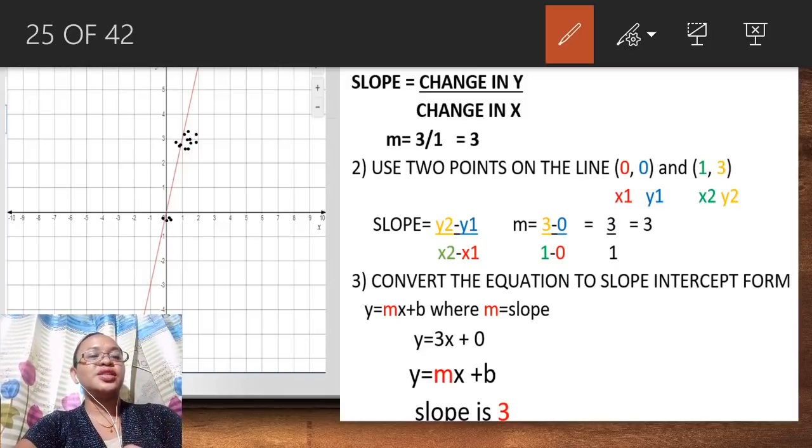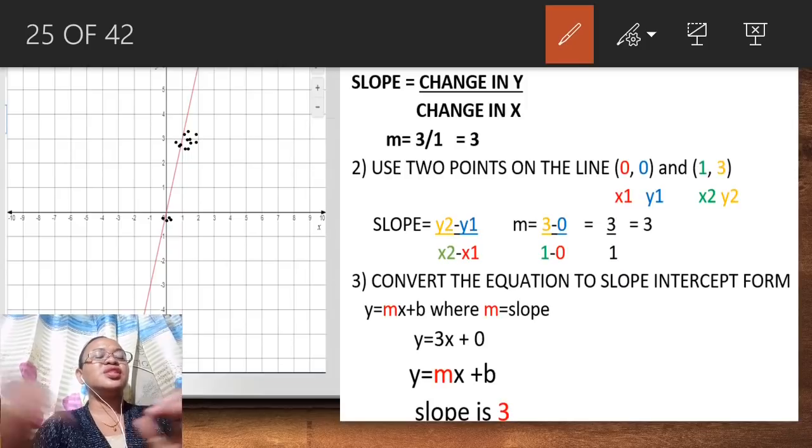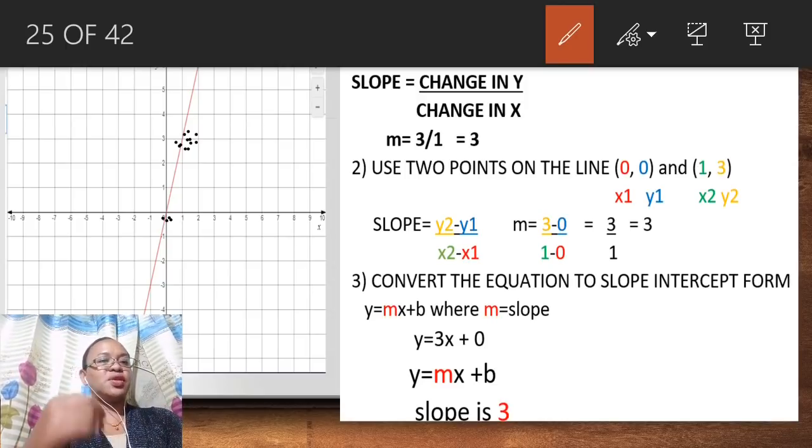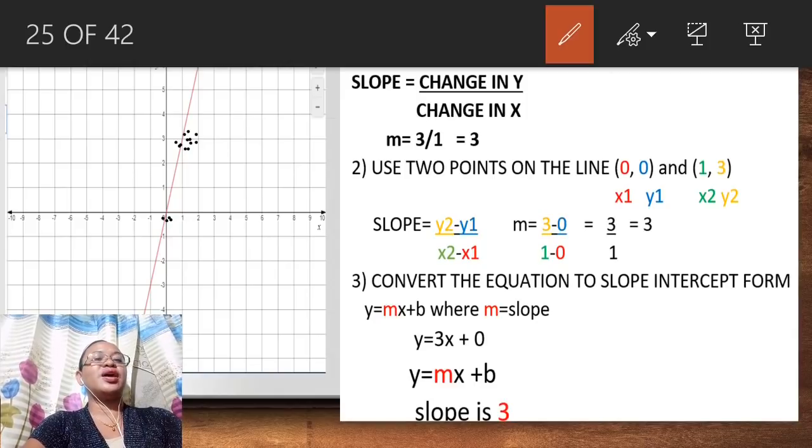So the y2 is 3 minus the y1, that is 0, over the x2 is 1 minus the x1, that is 0. So just substitute the numbers properly to the formula. That will become 3 minus 0 is 3, 1 minus 0 is 1. So the answer is 3 over 1, and the final answer is 3. So it's the same as the answer in the first solution.